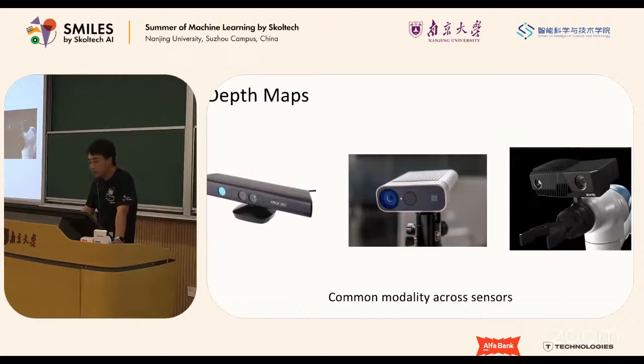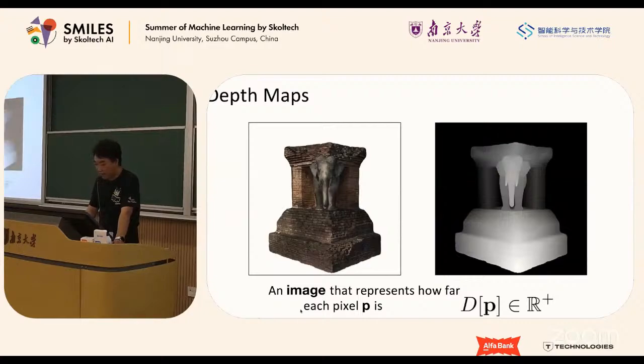The first one is that we can use a 2.5-dimensional representation. It's called the depth map. The depth map is quite easy to understand. It's not a pure image. It's an image that stores the distance between the object and the camera. Here is an example.